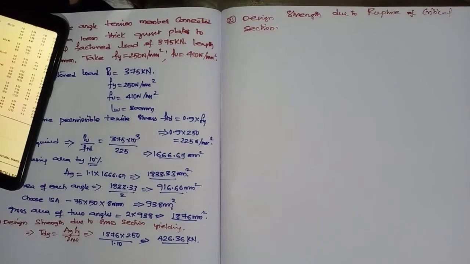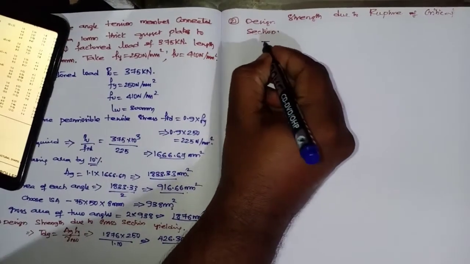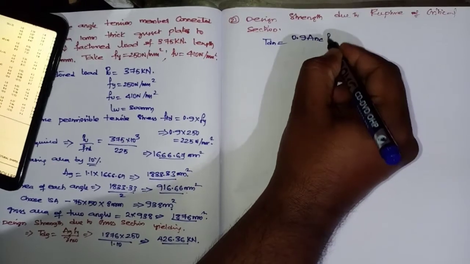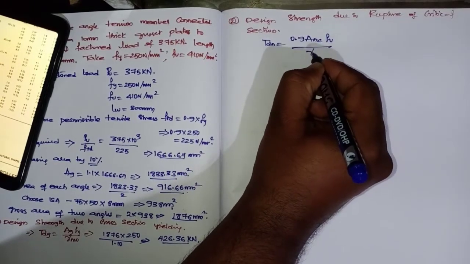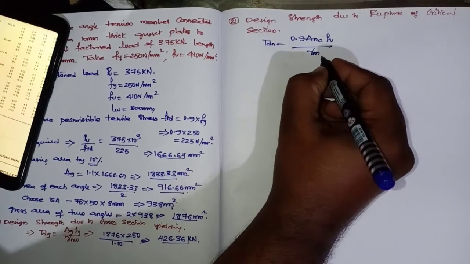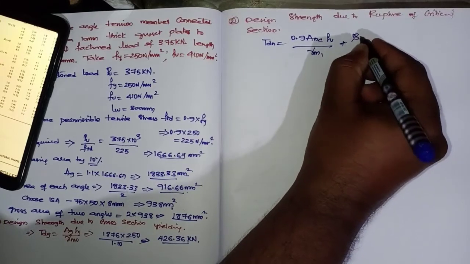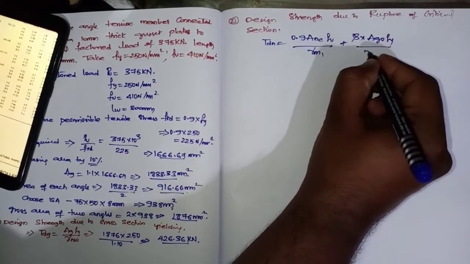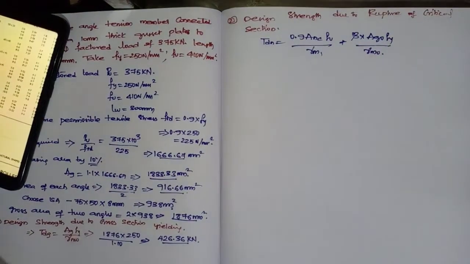What is the formula? TDN equals to 0.9 ANC Fu by gamma M1 plus beta AGO Fy by gamma M0, right?